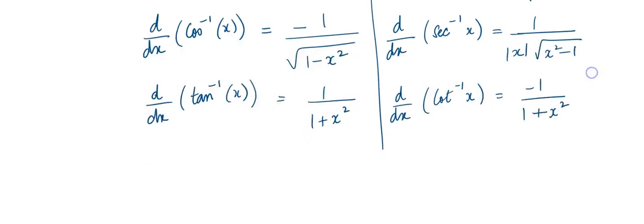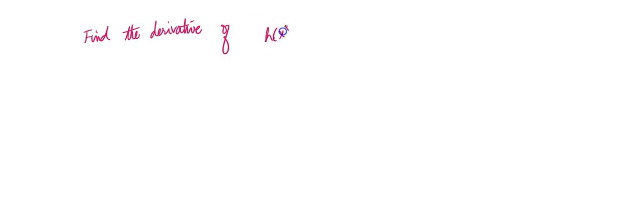So let's do a couple of problems just to help us utilize these formulas that we painstakingly found. The question says, find the derivative of h of x equals x squared times sine inverse of x.